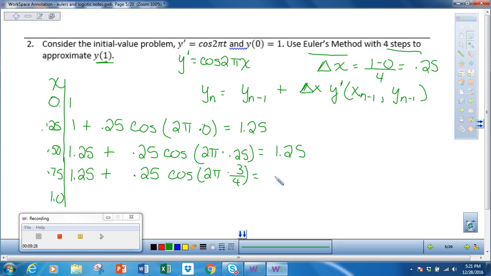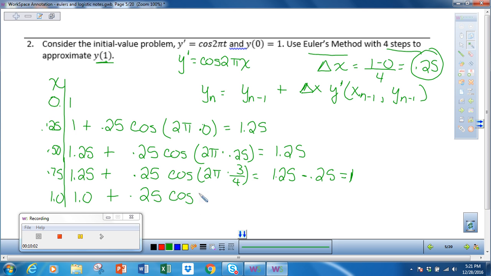So this becomes 1.25 plus 0.25 times -1, which is 1. So we went back to 1. Okay, so this is 0.25. And the 0.25, remember, is coming from my delta x. That's why I'm using 0.25 each time.